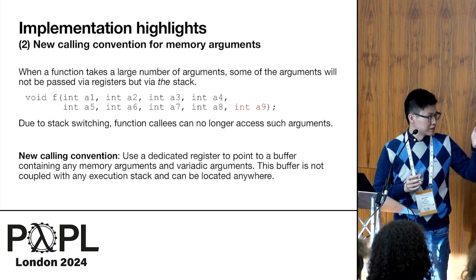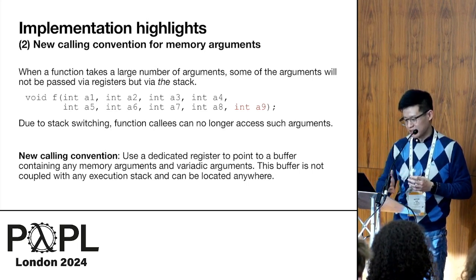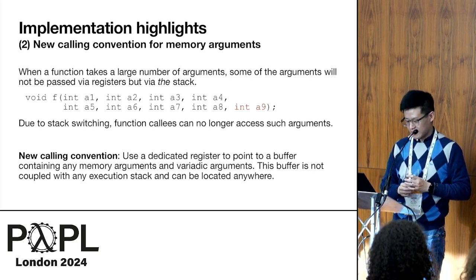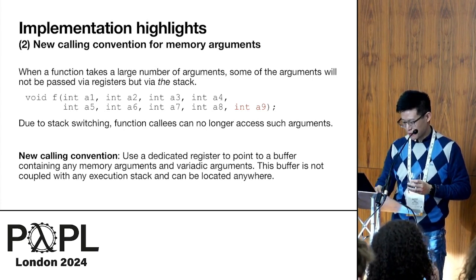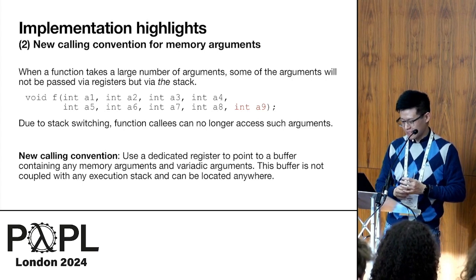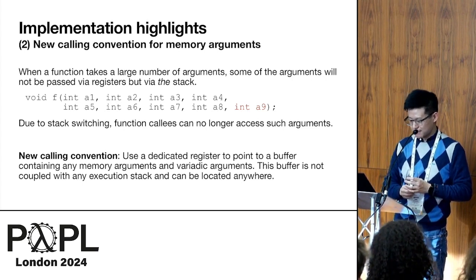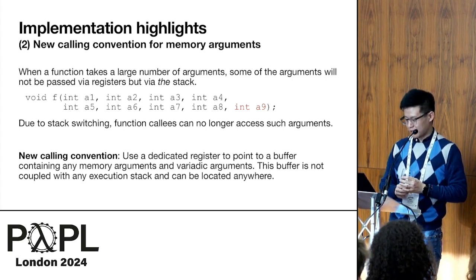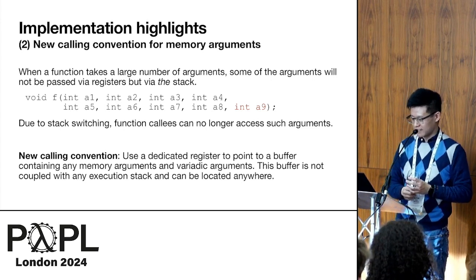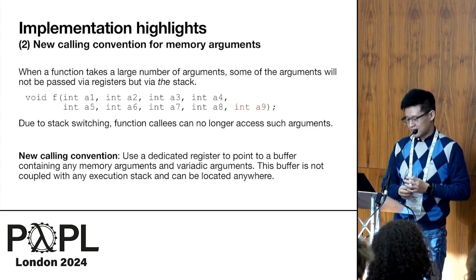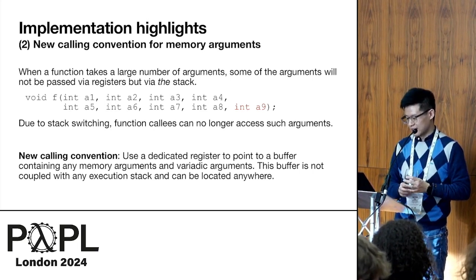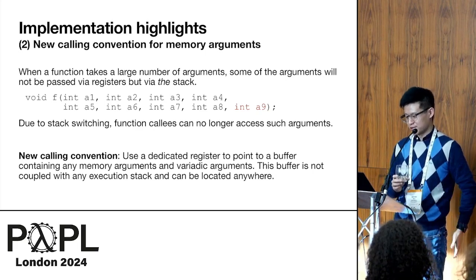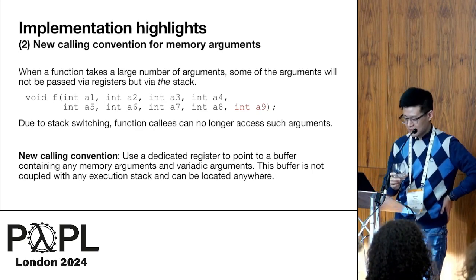So in this function f, for example, on the ARM64 platform, you can pass up to 8 arguments via registers, and if you have a 9th argument, it will be passed via the stack. And it doesn't work anymore with our stack switching because the callee will not be able to access this, which has been pushed onto the caller's stack.